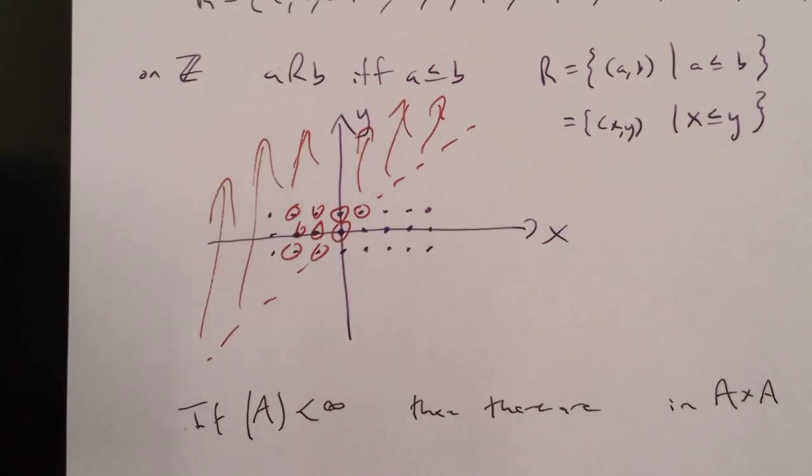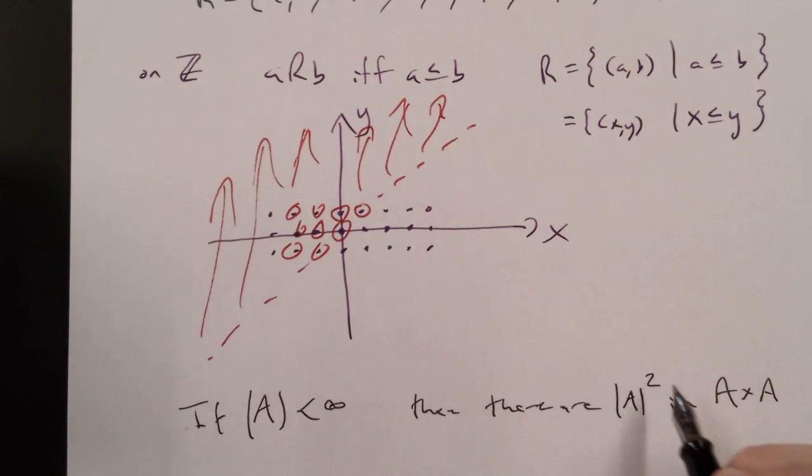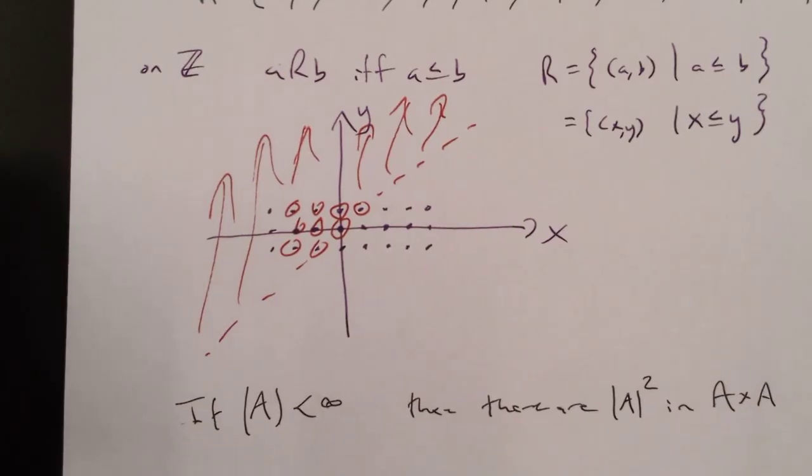Exactly. It'd be cardinality of A squared. And then each one could be in or out, right? For each of these ordered pairs, I have a choice, in or out.